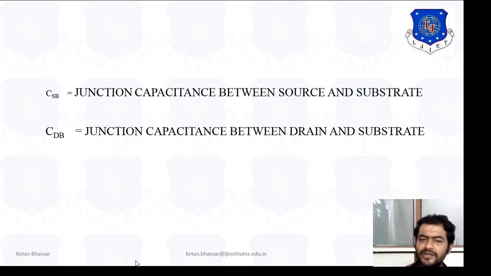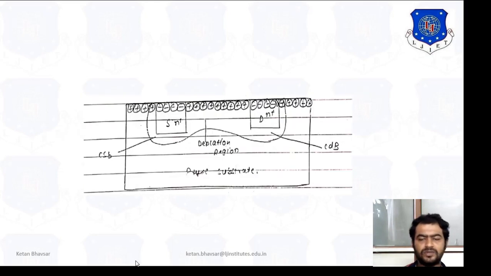Now CSB, as I already told you, is the junction capacitance between source and substrate. CDB is equal to the junction capacitance between drain and substrate. So this one is a general diagram. As you can see, the depletion region is created near the surface. Because of the impurity region, you can see the electrons over here, and the holes are generally mounted near the substrate, and the depletion region will be created in the P type substrate.